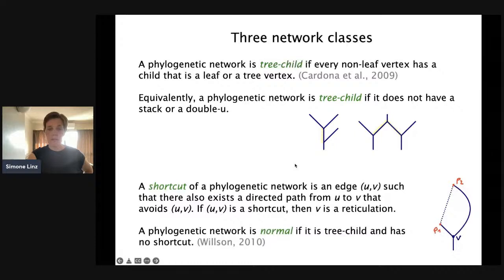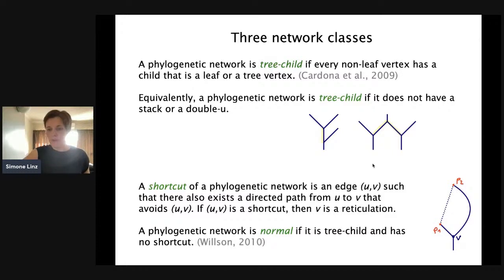So we look at some edge in the phylogenetic network, and we say that this edge from U to V is a shortcut if there exists a directed path from U to V that does not pass through the edge UV, or a directed path from U to V that avoids the edge UV.